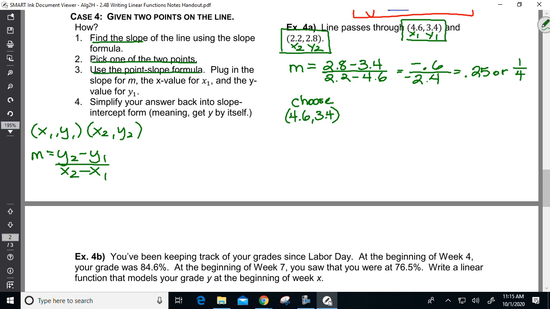Step 3, use point slope formula. So you got your slope, and you have the point you're going to use. Plug everything in. So once you plug everything in, simplify it back to slope-intercept form.